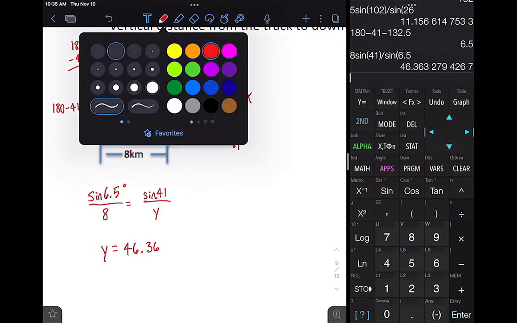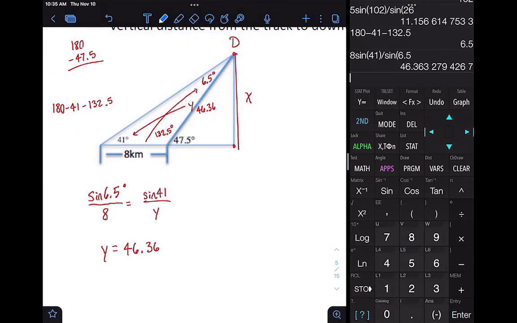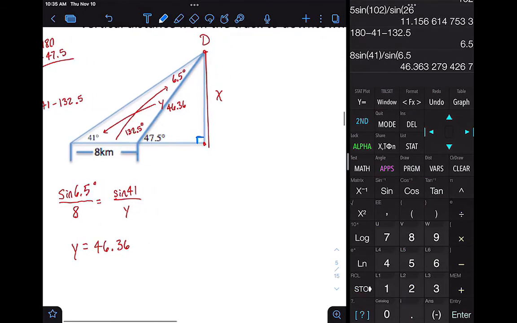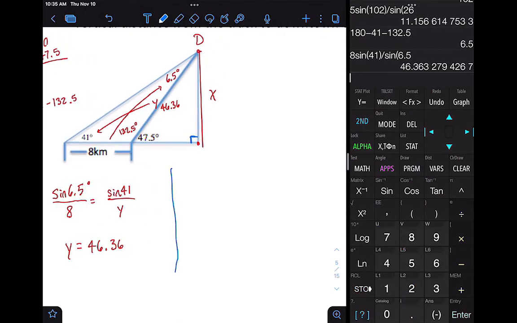Okay, then after you get that, you have a couple of options. You can use law of sines again if you want to find x. You could also just use regular SOHCAHTOA, since that should be perpendicular. That's usually what I would do, but you can still do law of sines with 90 degrees, and it would still work out. So there are two approaches from here.